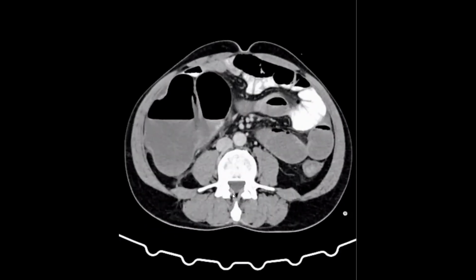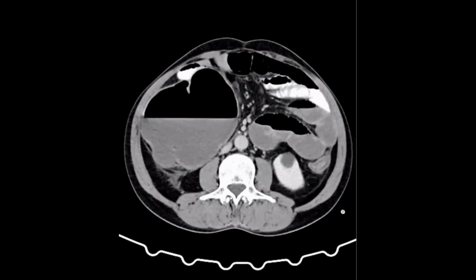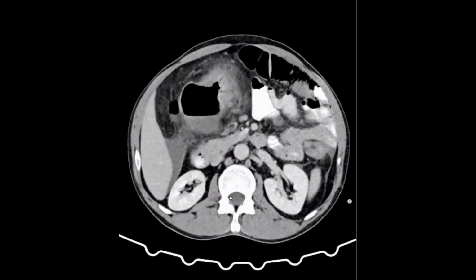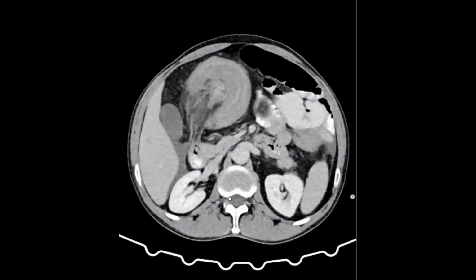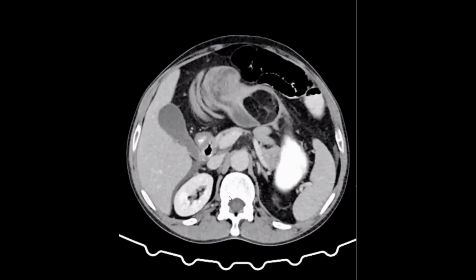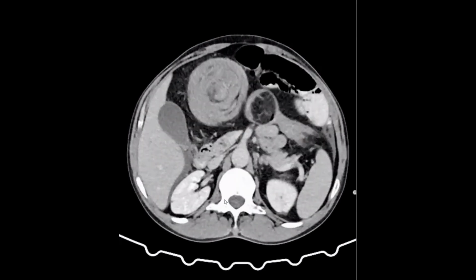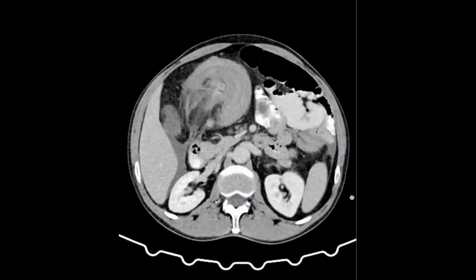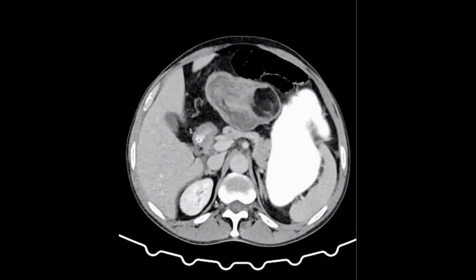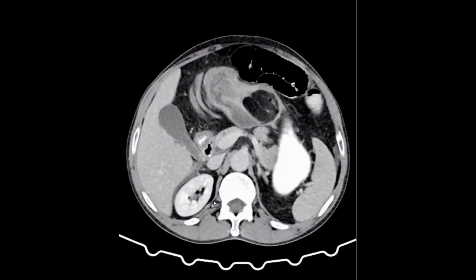So this is a case of a colonic intussusception, which is leading to bowel dilatation. Also, the wall of the intussusception shows preserved enhancement. It is not a strangulated type. I think the lead point is some bowel lipoma or any fat density.